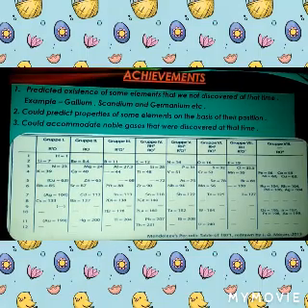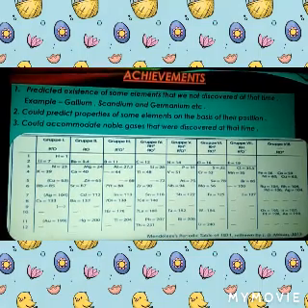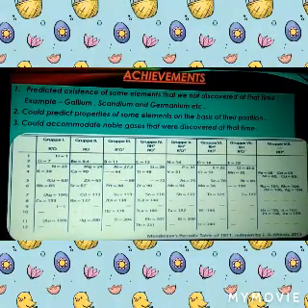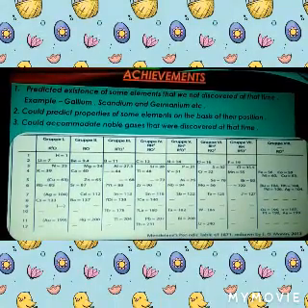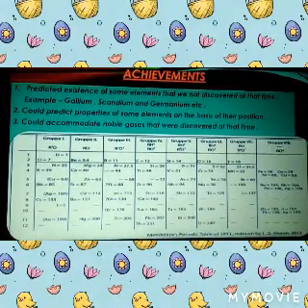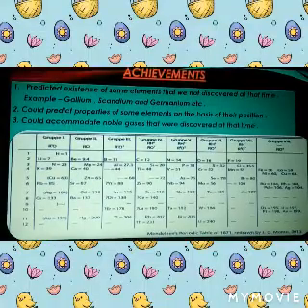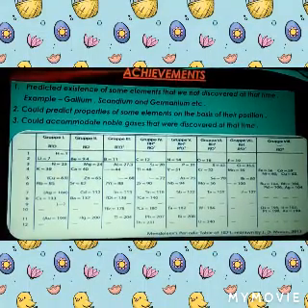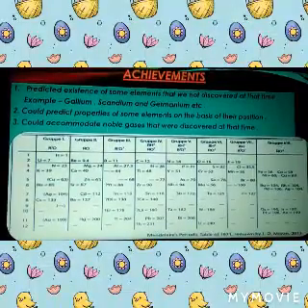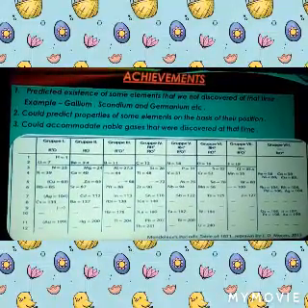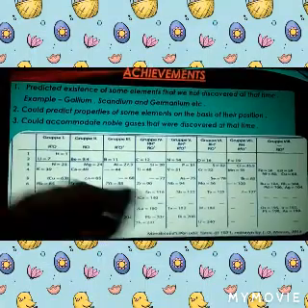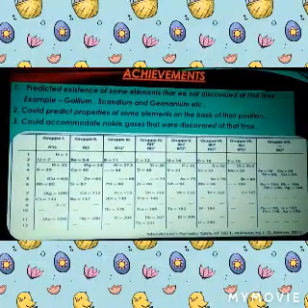For example, the hydride of carbon, CH4, is written as RH4, and the oxide CO2 is written as RO2. Mendeleev's periodic table contains vertical columns called groups and horizontal rows called periods. Here it is written that Mendeleev's periodic table of 1871.